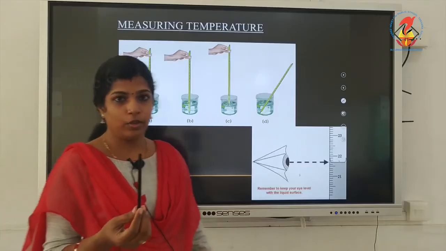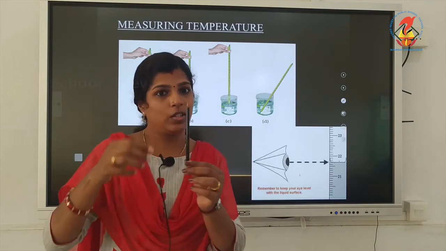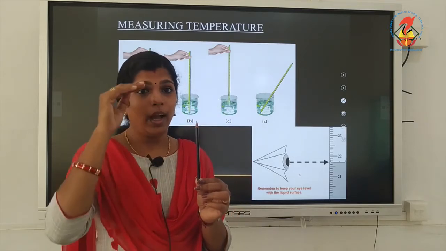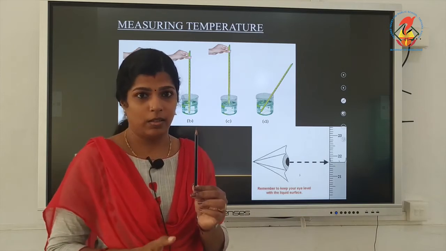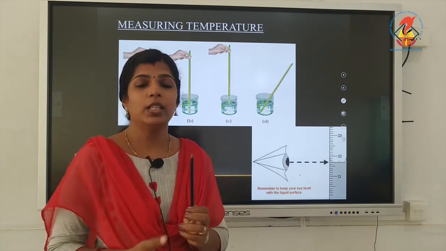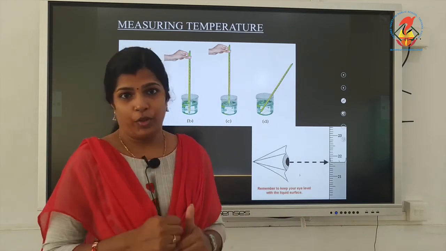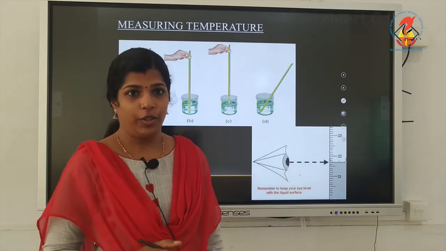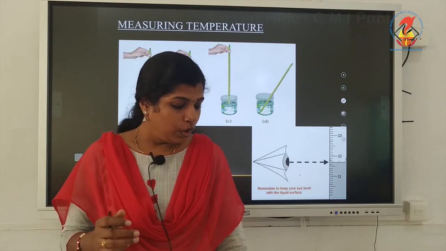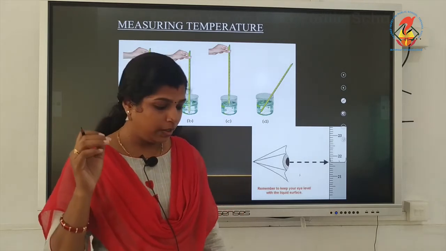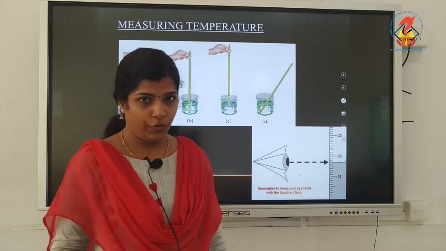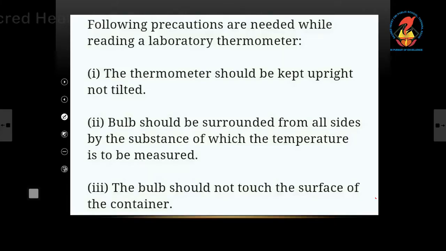If it is a mercury thermometer, you need to hold it straight and take the measurement. Eye contact is necessary. Otherwise, the reading will be different. If the level of mercury is not at the same level as your eye, then the reading will be different.